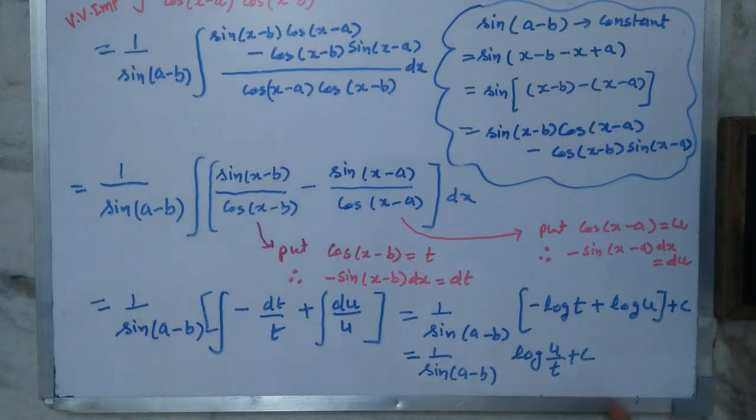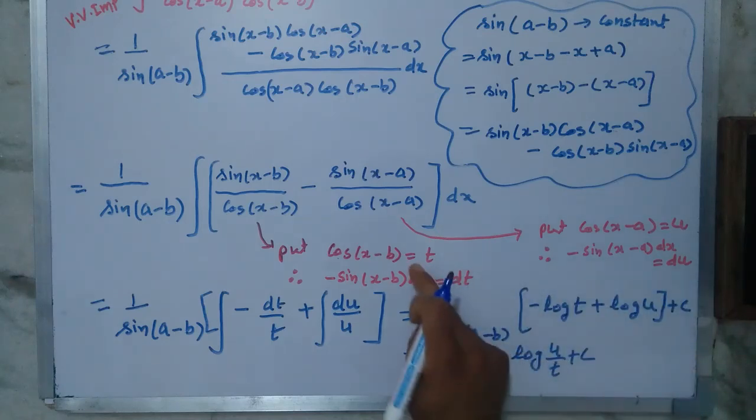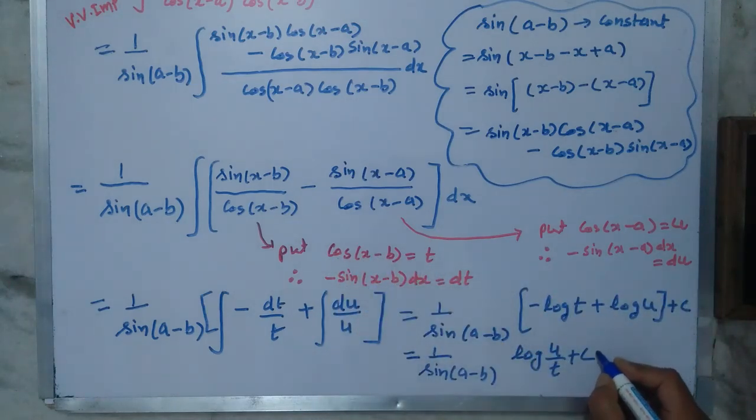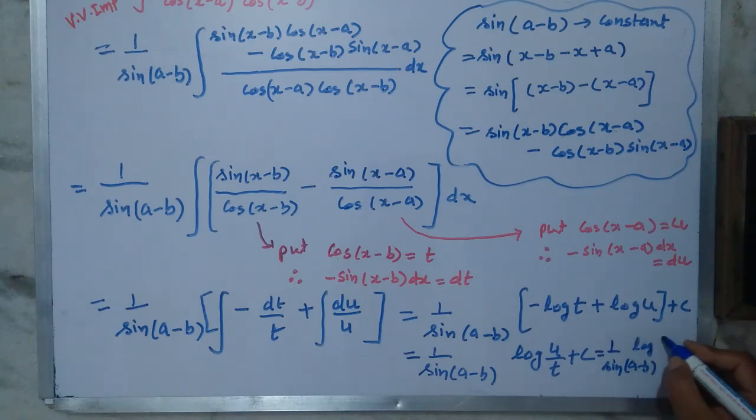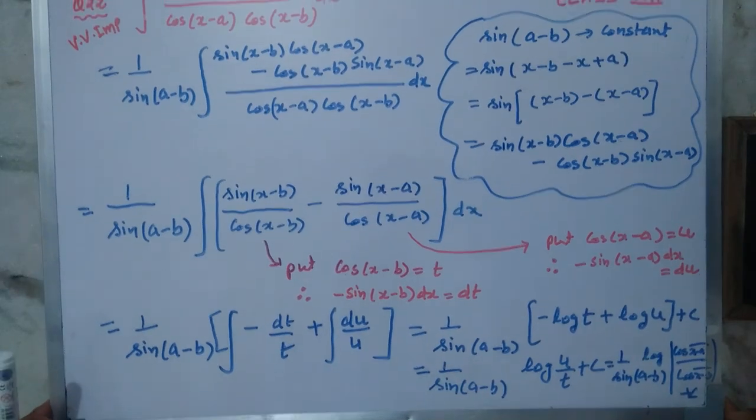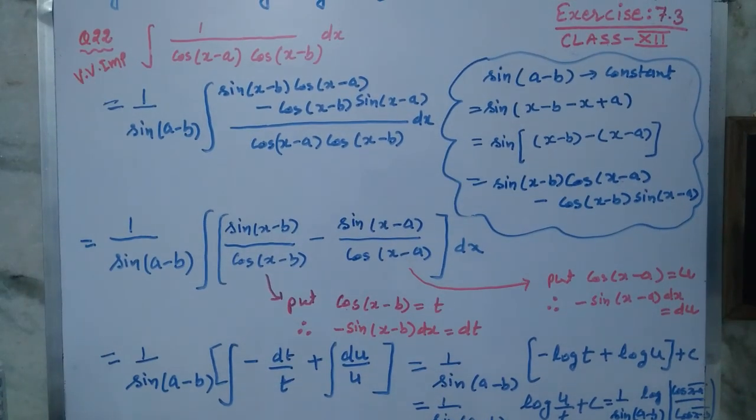So what is u? u is cos(x minus a). What is t? Cos(x minus b). So this can be written as 1 upon sin(a minus b) log of cos(x minus a) upon cos(x minus b), plus c. So this way our final answer is there. Thank you very much.